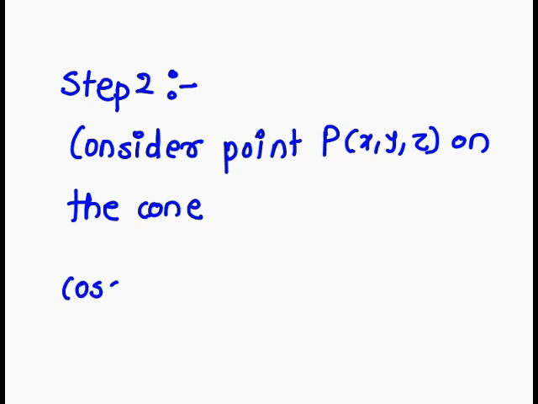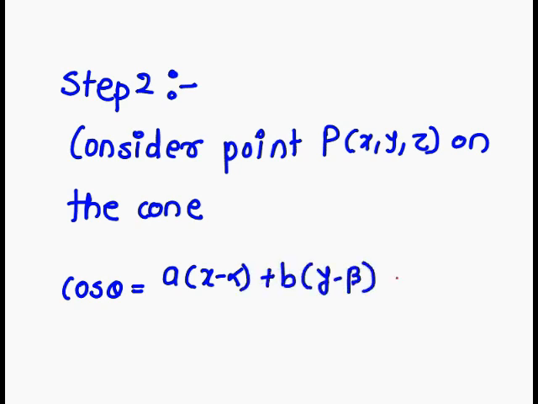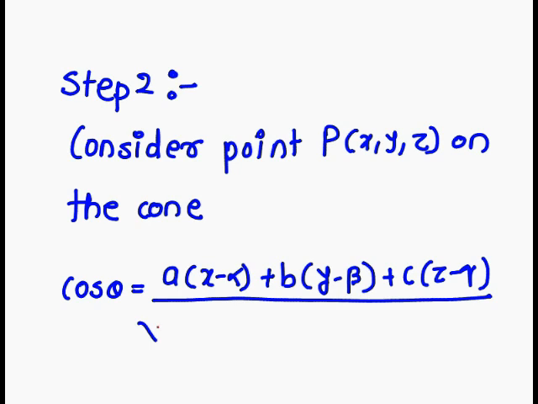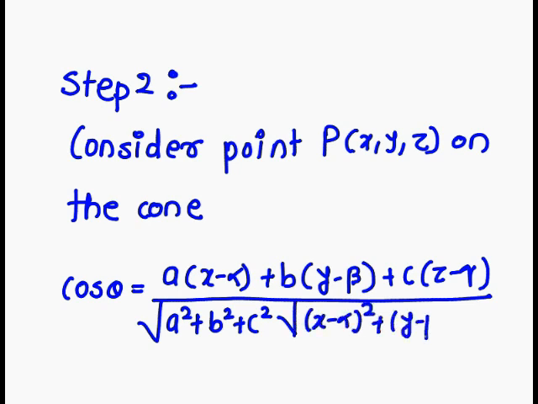Then cos theta is equal to a(x − alpha) + b(y − beta) + c(z − gamma), divided by the square root of a² + b² + c² into the square root of (x − alpha)² + (y − beta)² + (z − gamma)².